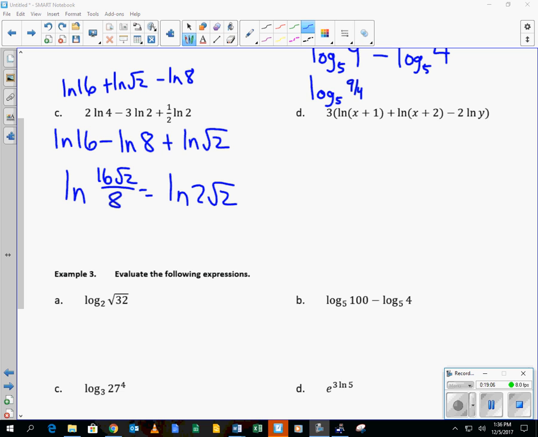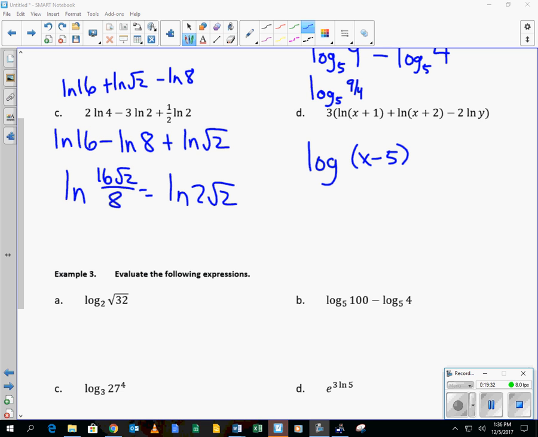Yes, question. We couldn't do it then either. What we're saying is that if you have the logarithm of a difference, I don't have the logarithm of a difference.